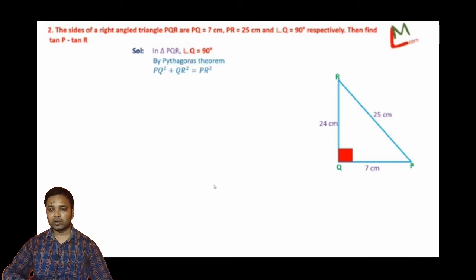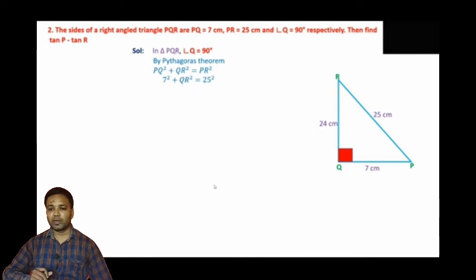So we need to find the third side measurement with the help of the Pythagoras theorem. With the help of the Pythagoras theorem, I am just going to find QR. In a right angle triangle, the Pythagoras theorem says that the sum of the squares of the two sides forming the right angle equals the square of the hypotenuse.